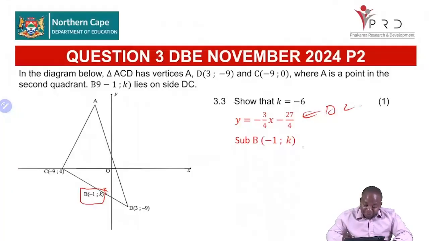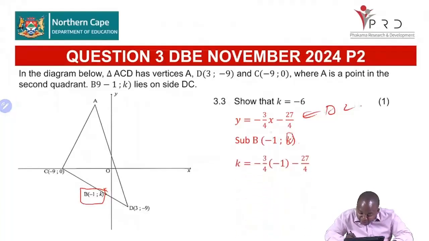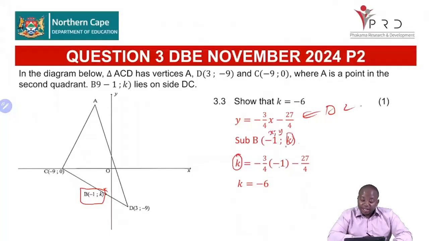Remember, k is the y coordinate of B. Where there is x, I put in negative 1, and my k is going to be y. Then punch everything in a calculator, and we find k is negative 6.